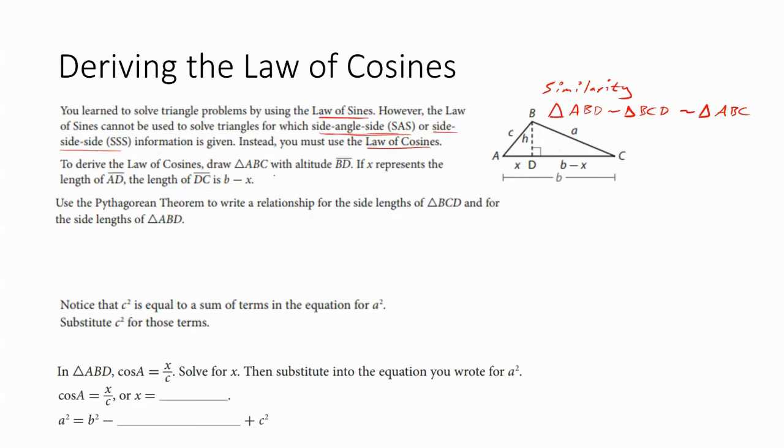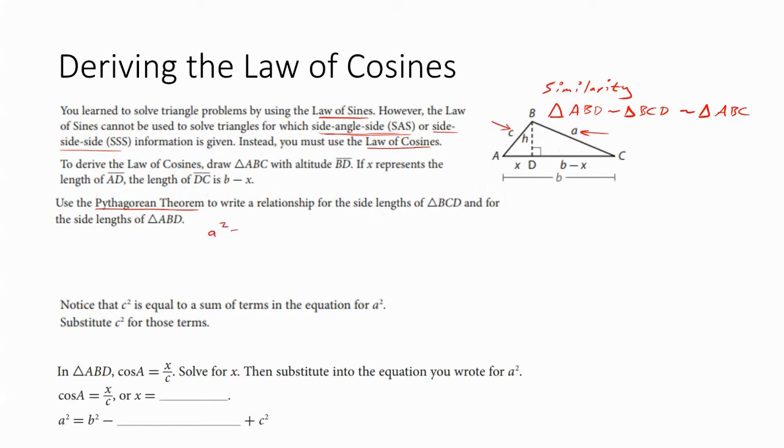Now, we're going to derive it using the Pythagorean theorem. We're going to write the relationship for the side lengths, meaning for the hypotenuse of ABD, which is c, and the hypotenuse for the other triangle, a. These two triangles are similar, and we're just going to find their side lengths. Let me start with a, alphabet.